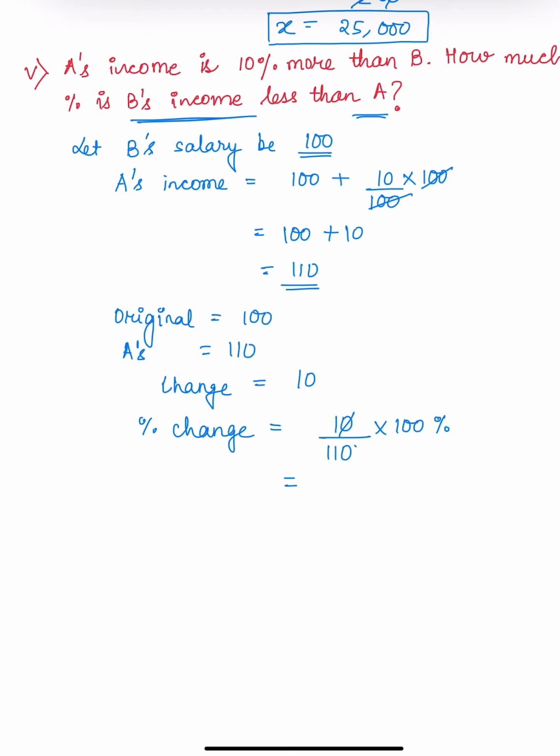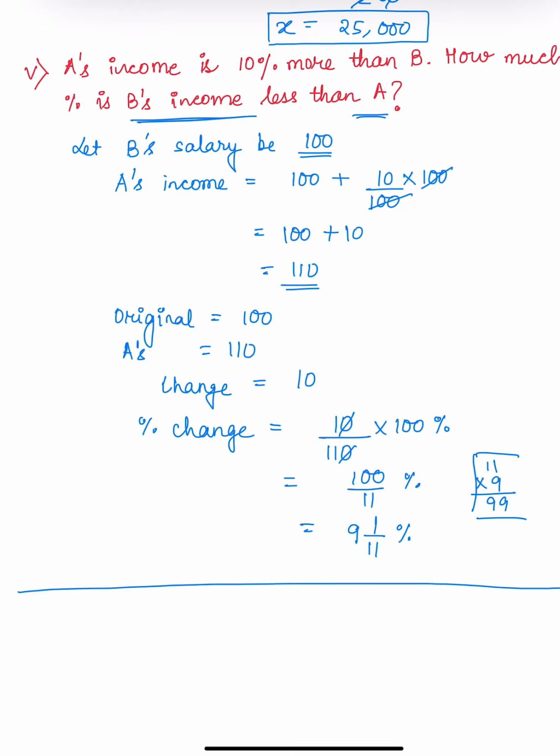So that will be 100 by 11%. 11 into 9 is 99. So it is 9 1 by 11%. This is the final solution: B's income is 9 1 by 11% less than A's, while A's income is 10% more than B's.